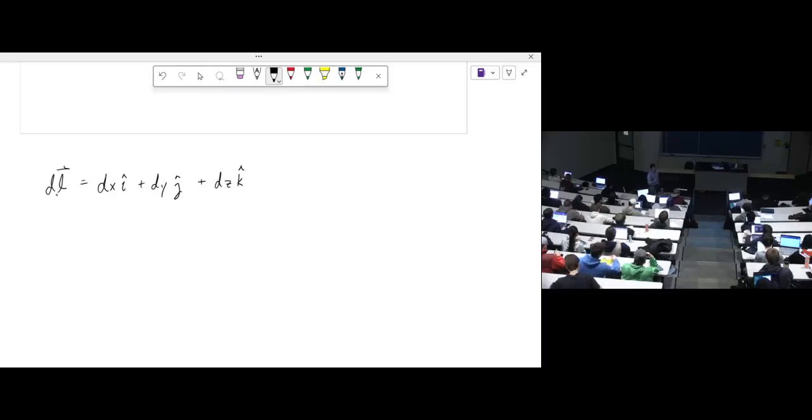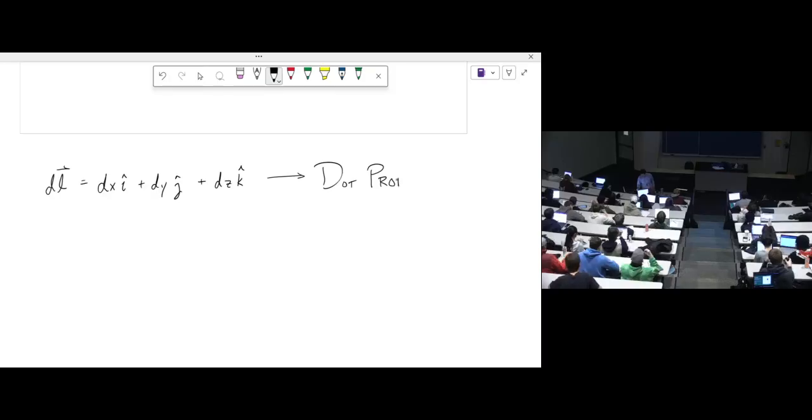Okay? So that's what we're going to work with first, is we have to consider that dl, a differential line element, is dx times i hat plus dy times j hat plus dz times k hat. And generally what's going to happen is we're going to have, for example, some dot product that we're going to bring this into.